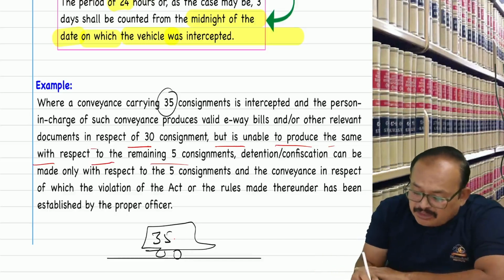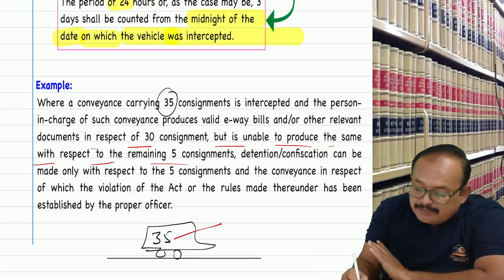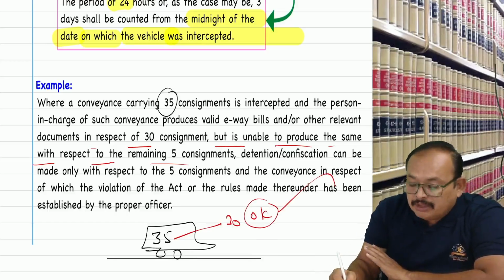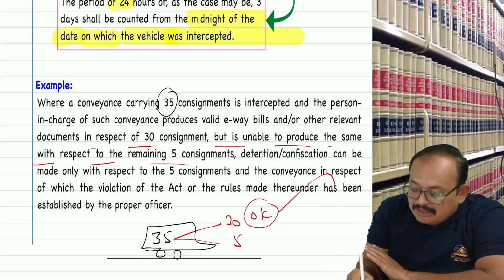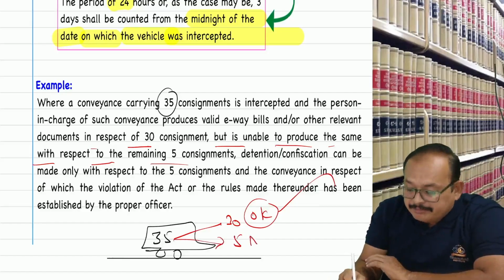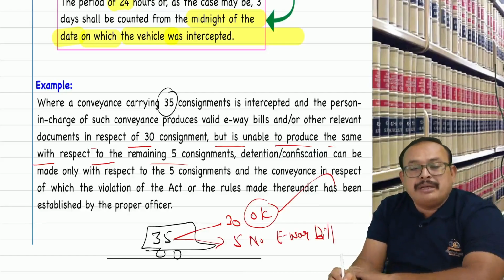That means out of 35 consignments, 30 are proper, no problem. The balance 5 consignments have no e-way bill.